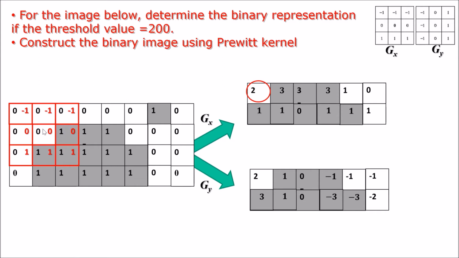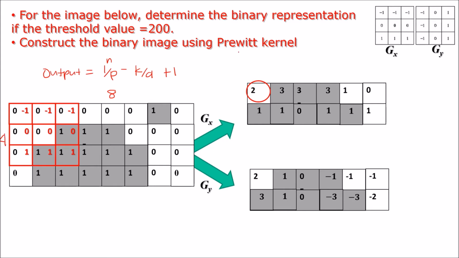Basically, the output of the kernel can be calculated by a simple equation: the output dimension of the image is equal to the dimension of the input image minus the kernel dimension plus 1. For this case, the dimension of the input is 8 times 4.